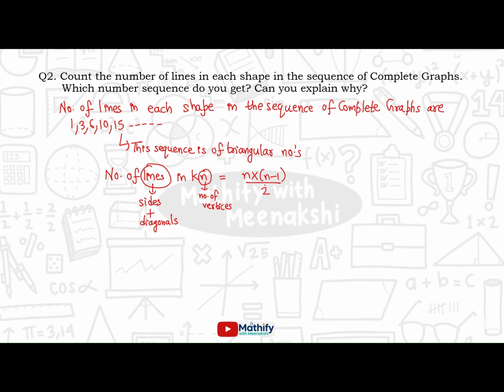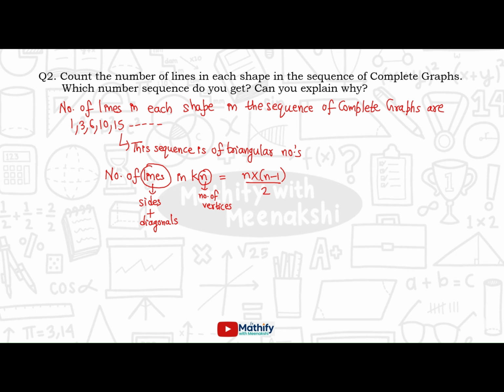So if you know this formula, you can find the number of lines for a complete graph. Like if they ask, can you tell me the number of lines for K11? You can simply say 11 into 10 by 2. You can cut that, that is 55. So if you know this formula, you can simply find the number of lines in any complete graph.